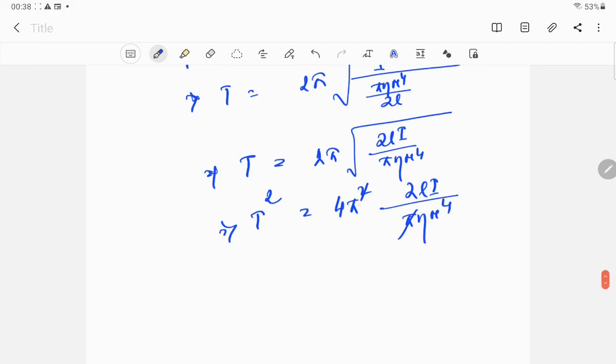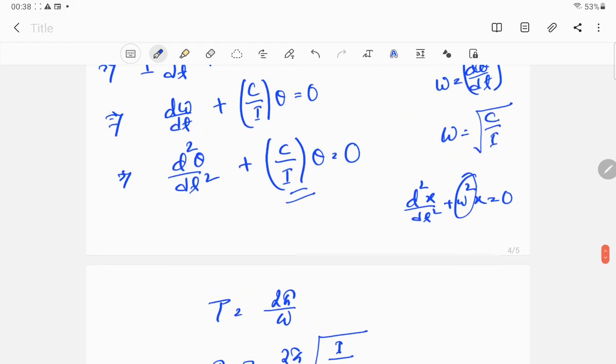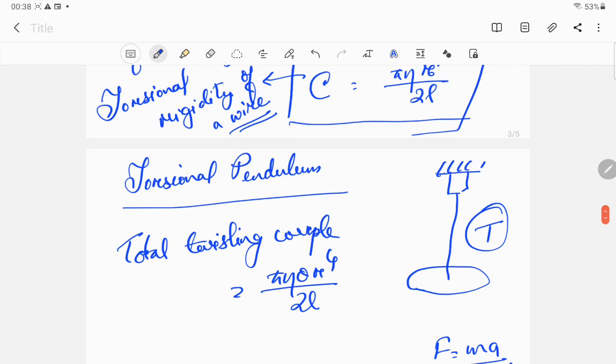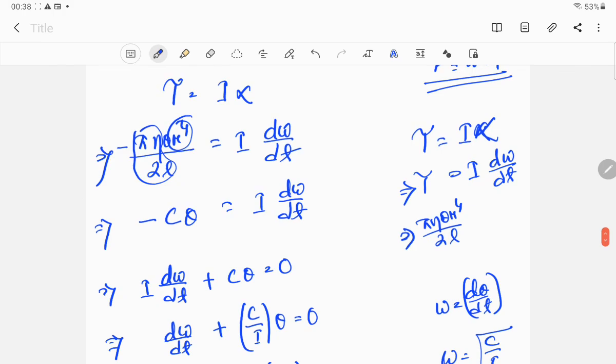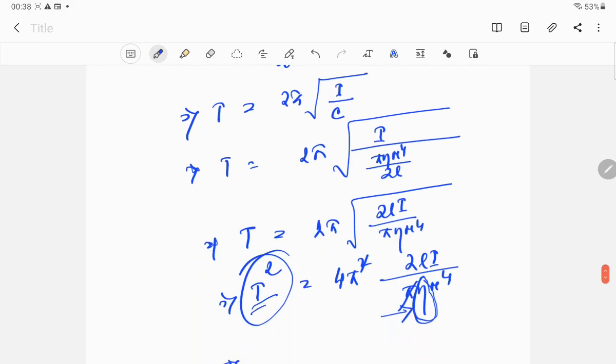If you want to know the value of eta for the material of a wire, you put it into oscillation in this way, by attaching a disc to its lower end and keeping the upper end fixed. Then find out the time period, the moment of inertia and the length of the wire, and then you can find the value of eta. That is the procedure followed in laboratory experiments.